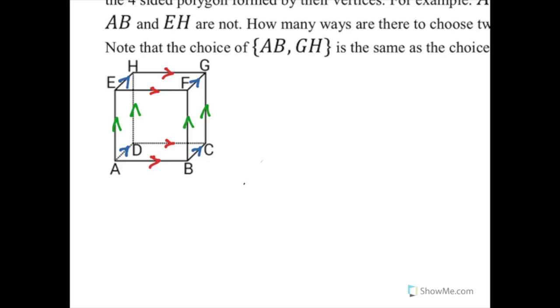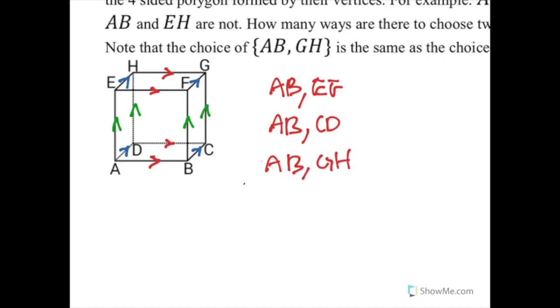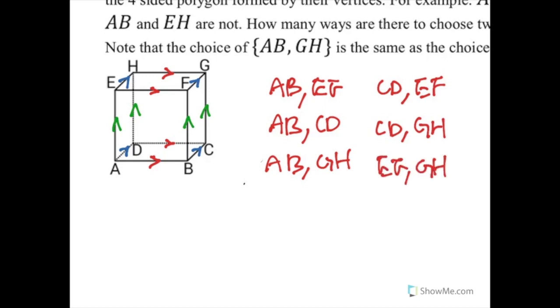Even the most tedious method, listing all of the things out, wouldn't take too much time over here, right? So we have AB, EF; AB, CD; AB, GH. And then we have CD, EF; CD, GH. And lastly, we have EF, GH.